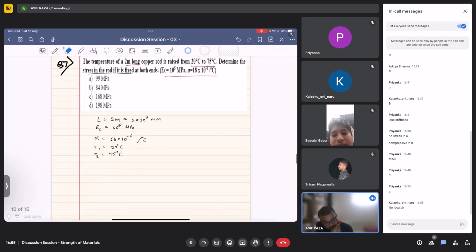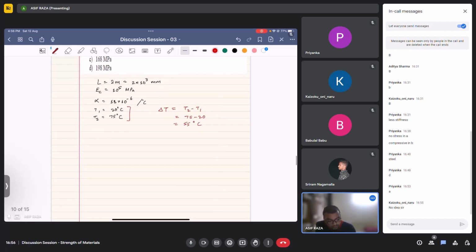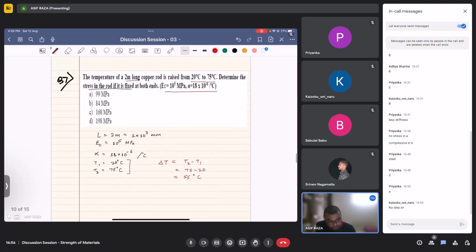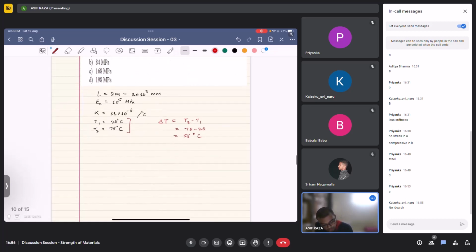Now, since the system is raised from 20 degrees Celsius to 75 degrees Celsius, the change in temperature is T2 minus T1, that is 75 minus 20, which is 55 degrees Celsius. Now we need to find the stress.